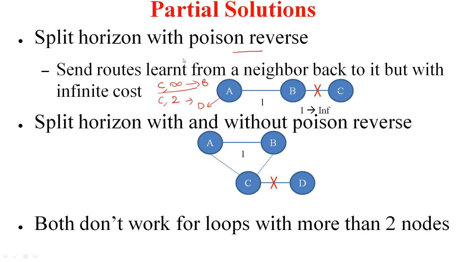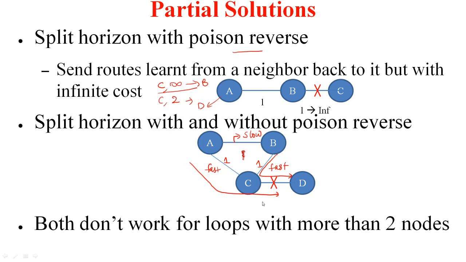Suppose A and B are connected by a link which is extremely slow, whereas these links AC and CB are very fast links. And let's also assume that originally A is reaching D via A-C-D and B is also reaching D via this.